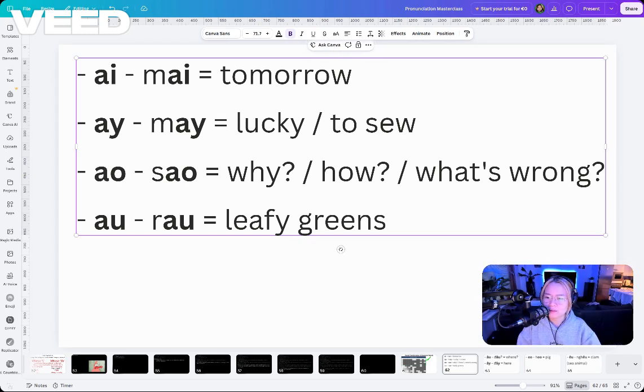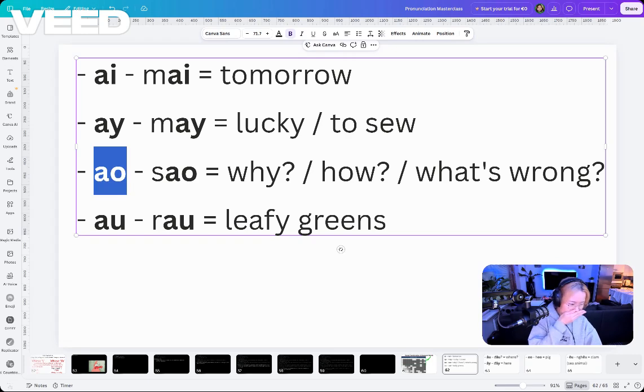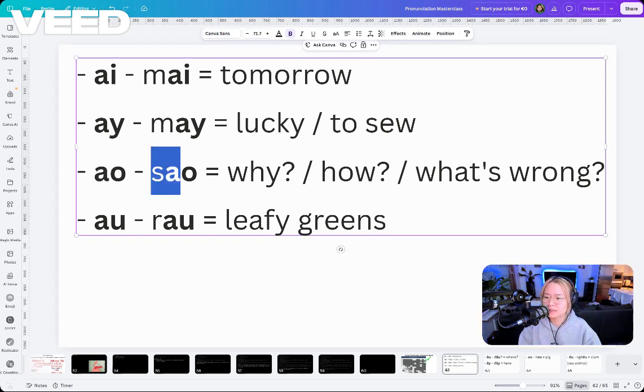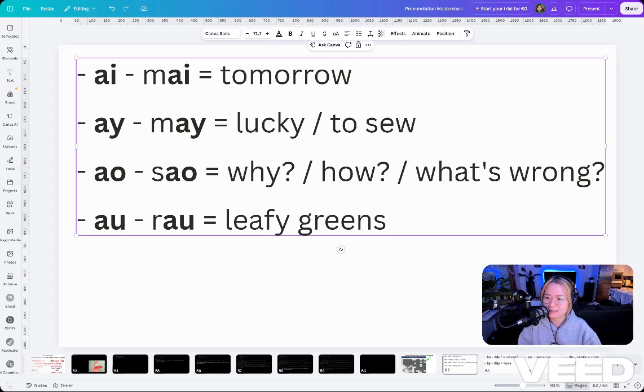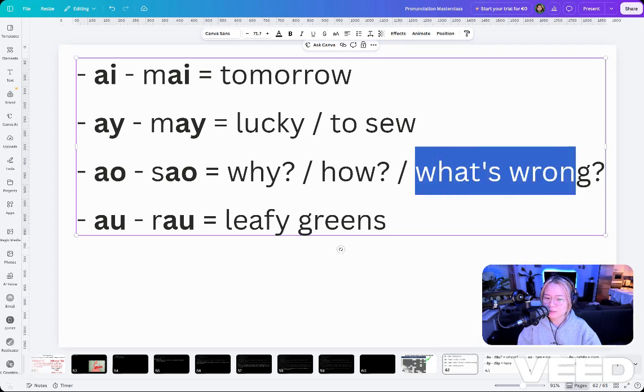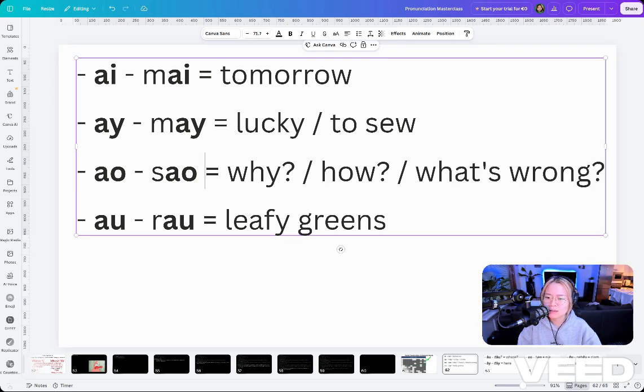Example word, sao. What does sao mean? It means why, how, or even also what's wrong.